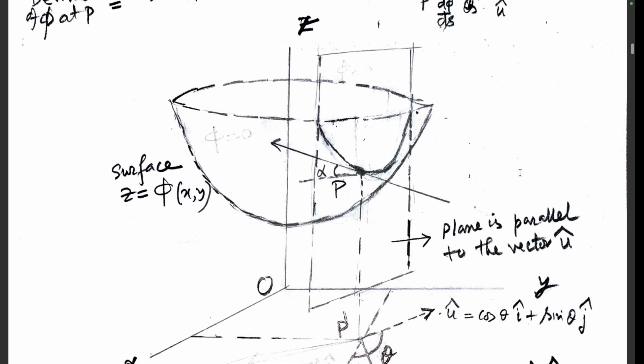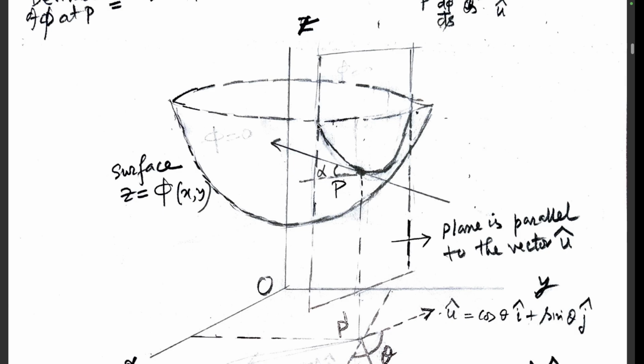So here this is the XYZ plane. This is the surface Z equal to phi of x, y, and this point on the surface is P. This is the unit vector u cap, cos theta i cap plus sin theta j cap. This is the vertical plane parallel to the vector u cap.